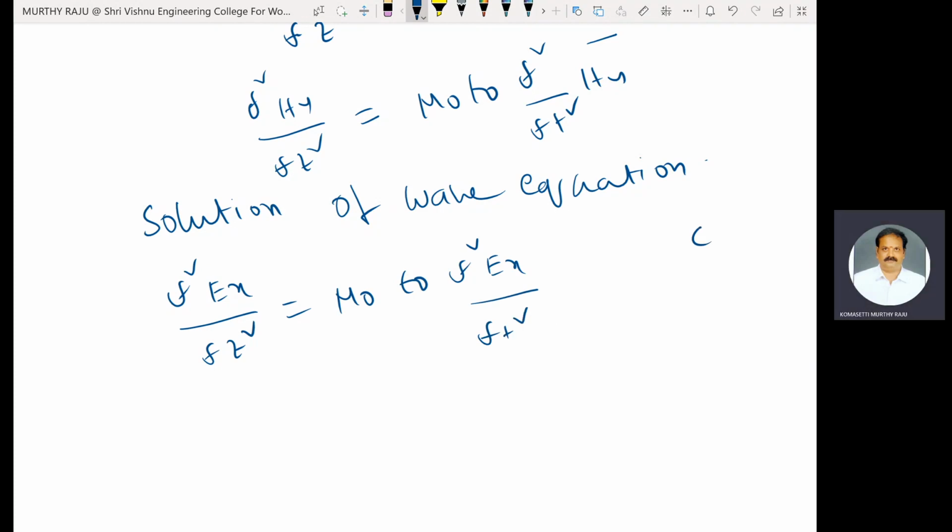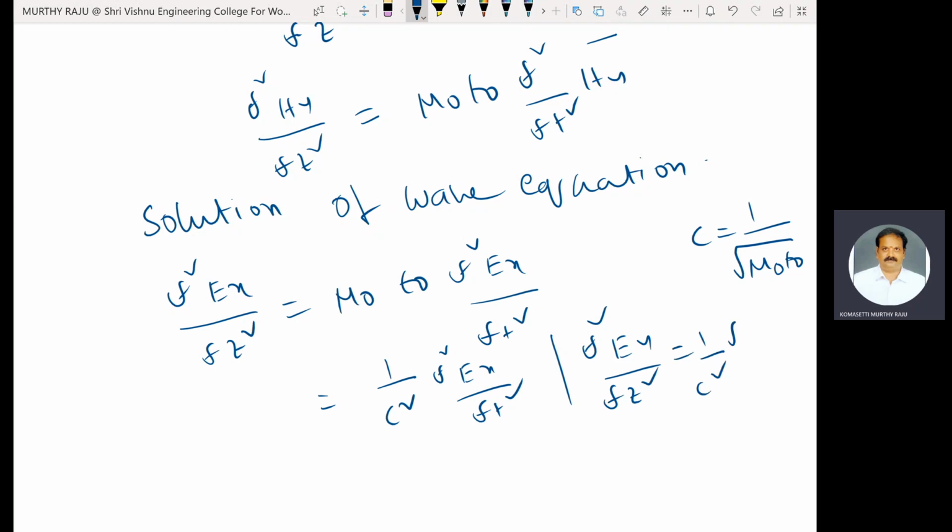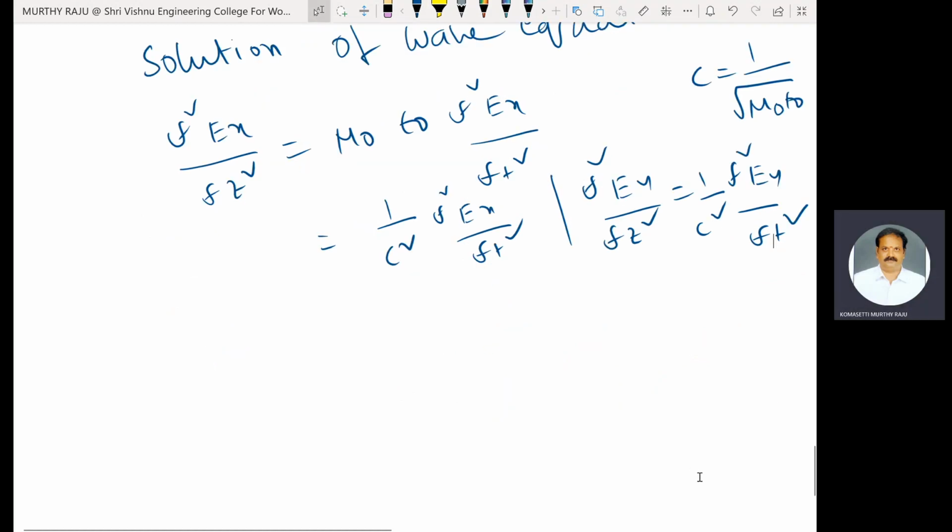But c, the velocity of wave in free space, is equal to 1 by square root of mu naught epsilon naught. So mu naught epsilon naught is 1 by c square. Therefore, dou square Ey by dou z square is equal to 1 by c square dou square Ey by dou t square, where c is called the velocity of the wave in free space.